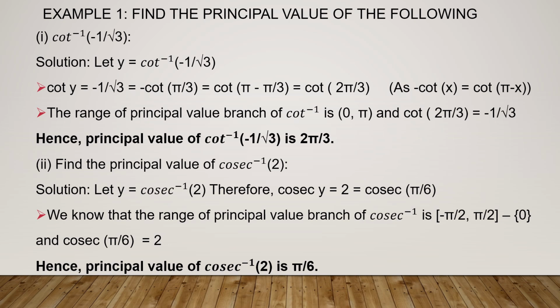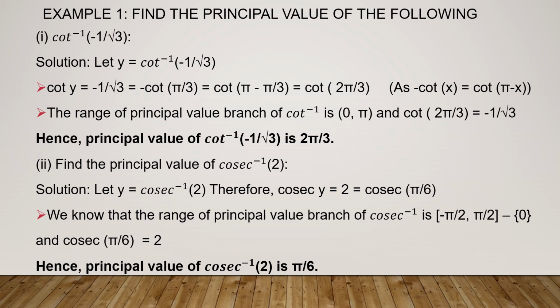Now the range of principal value branch of cot inverse just now we have seen is 0 to pi, and our 2 pi by 3 lies in this range. So fine, no problem. So what we have obtained is cot of 2 pi by 3 is minus 1 upon root 3. That means cot inverse of minus 1 upon root 3 is 2 pi by 3. Hence the principal value of cot inverse of minus 1 upon root 3 is 2 pi by 3.